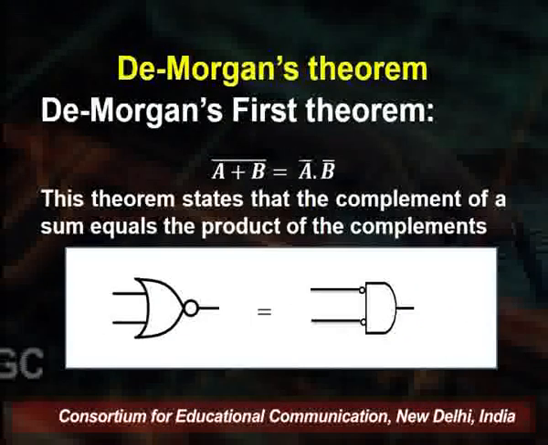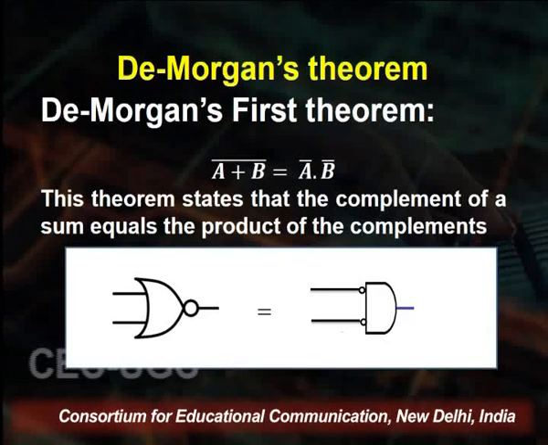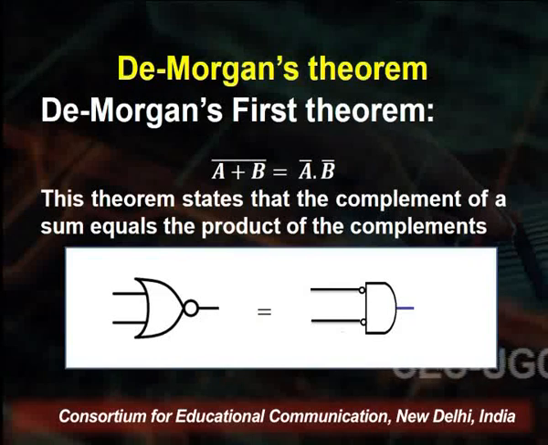It says that (A plus B) whole complement is the same as A complement dot B complement. That is, a NOR gate, (A plus B) whole complement being the Boolean expression for the NOR gate, is equivalent to a bubbled AND gate. A bar dot B bar is the bubbled AND gate.